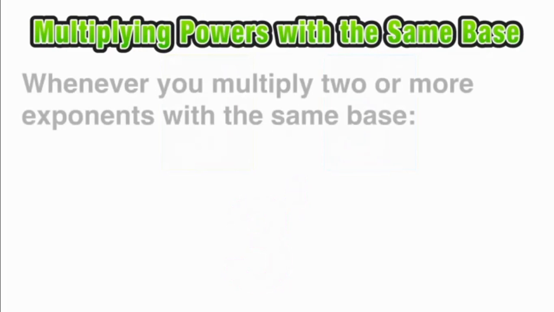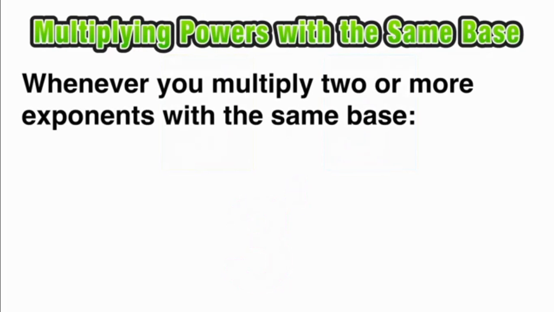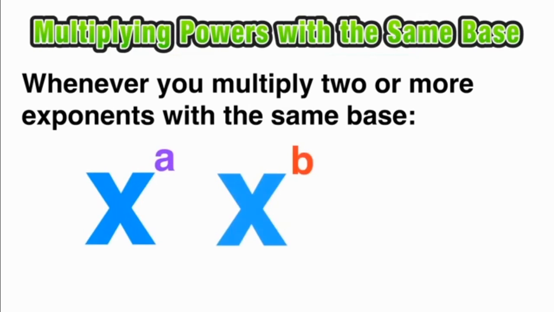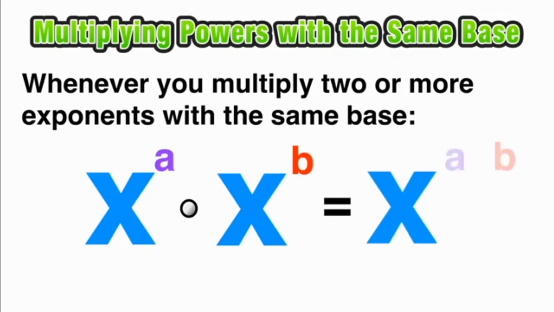And this turns out to be one of the laws of exponents, which says that whenever you multiply 2 or more exponents with the same base, so for instance, some value x raised to the power of a times the same value x raised to the power of b, the rule is that you take those two exponents and you add them together, which we broke down in that first example.